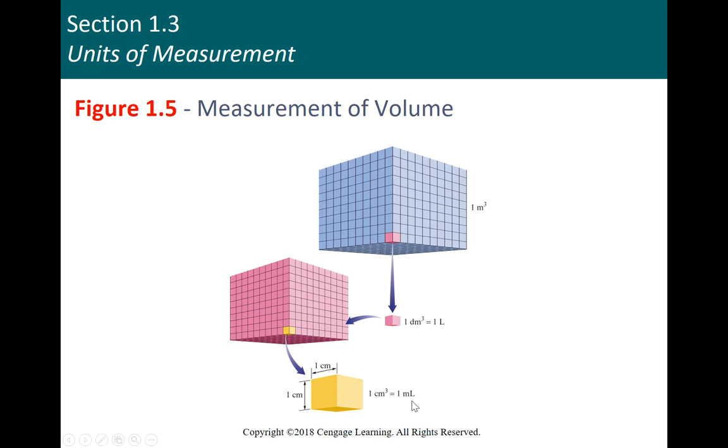It's important for you to know that those two are equivalent. Now, if we take 100 of those cubes and put them together, then we get a cubic decimeter or a liter, and then 100 of those put together gives us a cubic meter. So volume, remember, is cubed, and so you do have to be careful. We'll see some conversions where we look at that later.